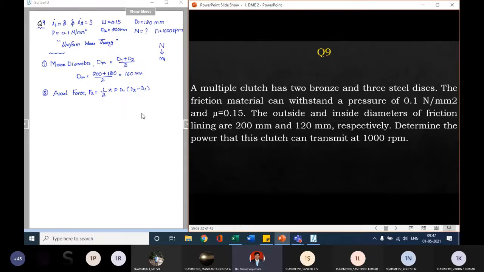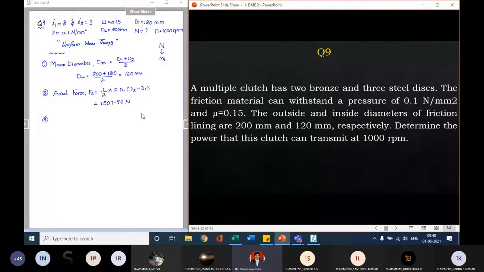So substitute all the values you have been given. P is known, 0.1, d1 and d2 are known. How much is the answer? Substitute all the values. 1507.96. So I got this one.